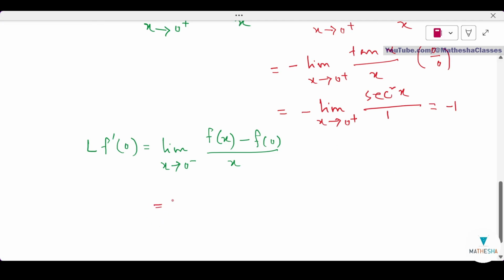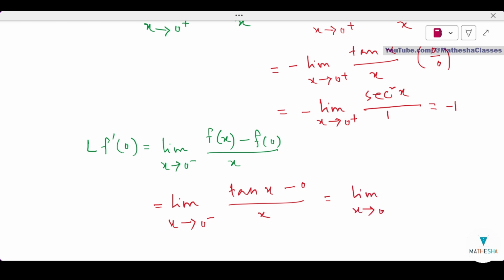So that will be limit x tends to 0 minus of tan x, f(0) is 0, by x, so that is limit x tends to 0 minus of tan x by x, once again of the form 0 by 0. So once again we'll be using L'Hopital rule. We'll differentiate the numerator and the denominator, and putting the value x equal to 0, we'll be getting 1.